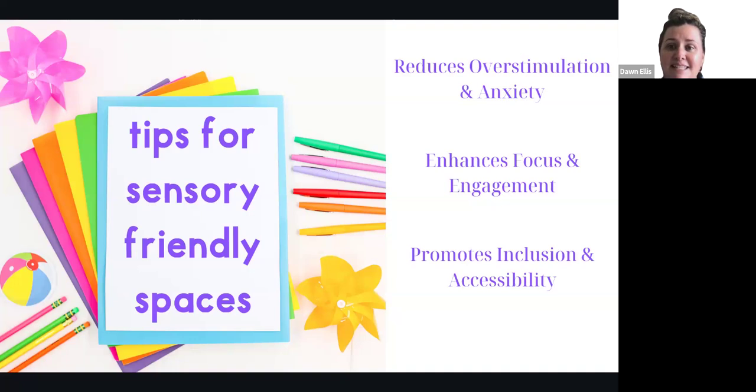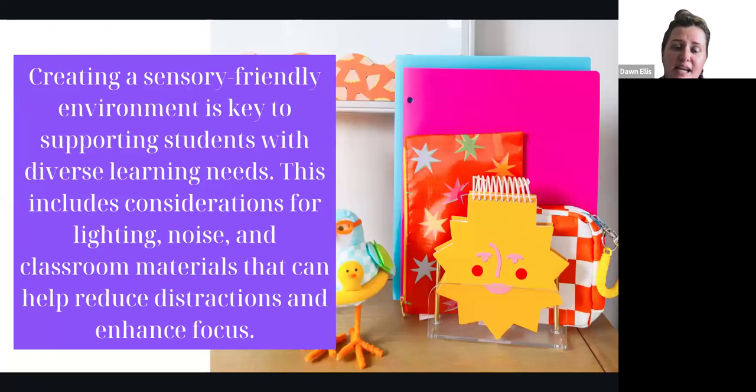It enhances and increases focus and engagement, and it promotes that inclusion and accessibility by having that time to decompress and calm down in a space that they feel safe in. So, creating a sensory friendly environment is key to supporting students with diverse learning needs. This includes considerations for lighting, noise, classroom materials that can reduce distractions and enhance focus.